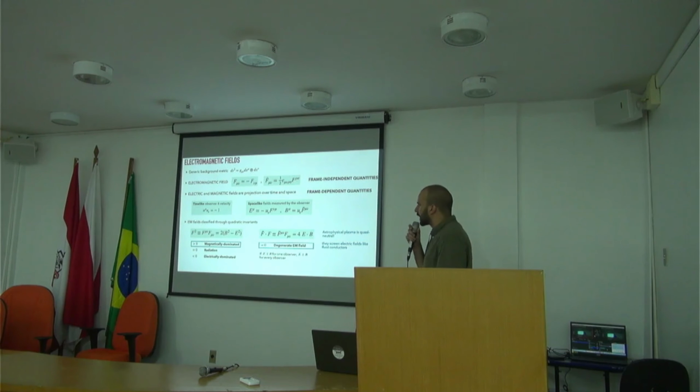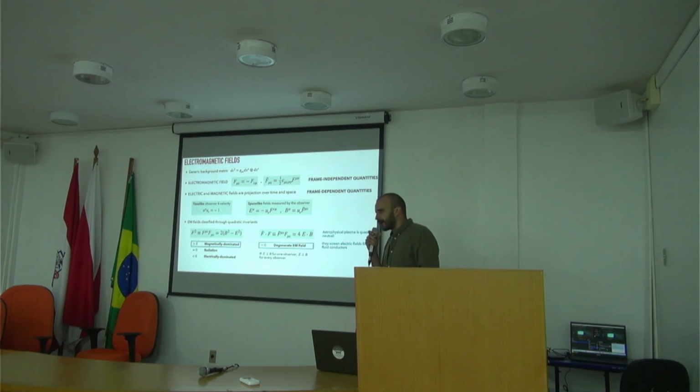Now, precisely like in the case of particles, or in the case of vectors more generically, we can classify vectors in terms of invariance. We can say that a vector is time-like, space-like, or null, depending on the value of its squared modulus.